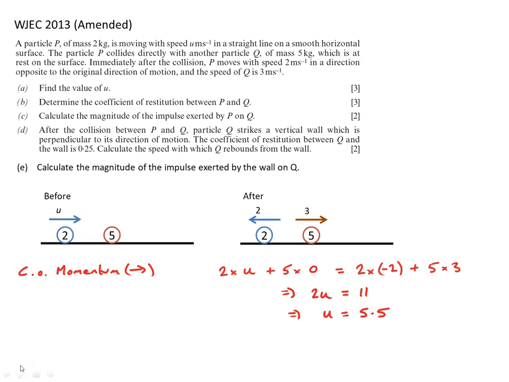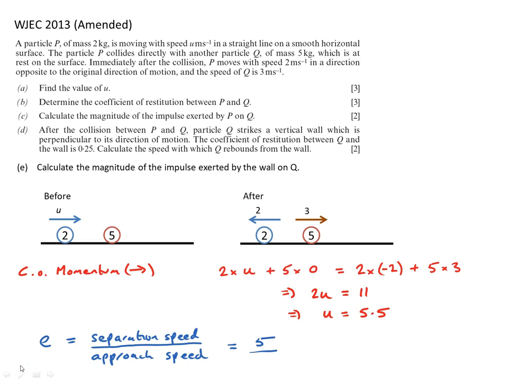It's now relatively easy to calculate the coefficient of restitution between P and Q. We know the coefficient of restitution is the ratio of the separation speed of the two particles to the approach speed of the two particles. Just after the collision, the particles are moving away from each other at a speed of 5 meters per second, whereas just before the collision, P is approaching Q at a speed of 5.5 meters per second.